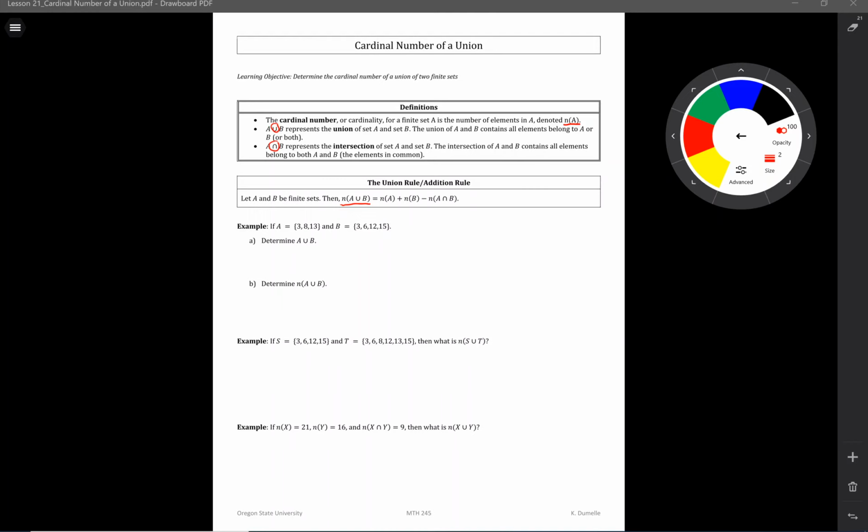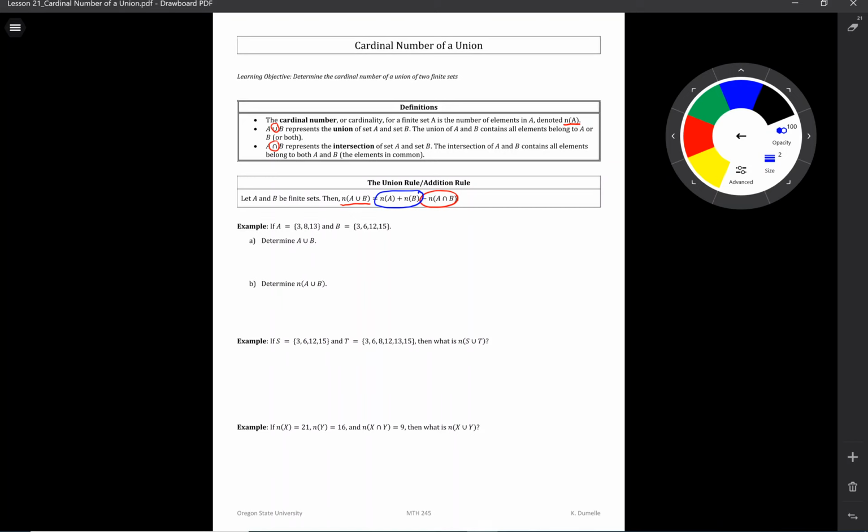The reason we have to subtract this off is that if A and B have elements in common, this would be counting those elements twice. I only want to count the elements that A and B have in common once, so I have to subtract off the number of elements in their intersection. That way we only account for all elements exactly one time.